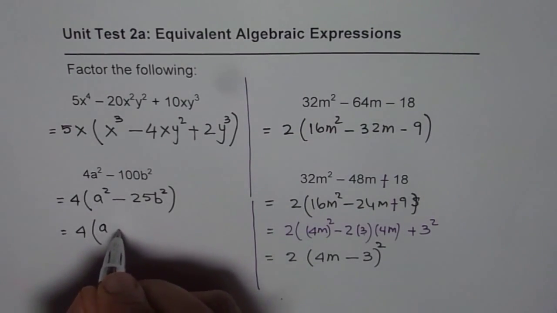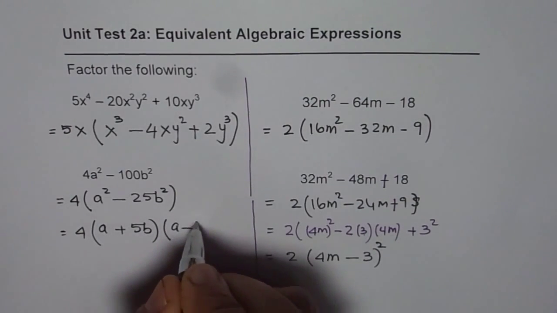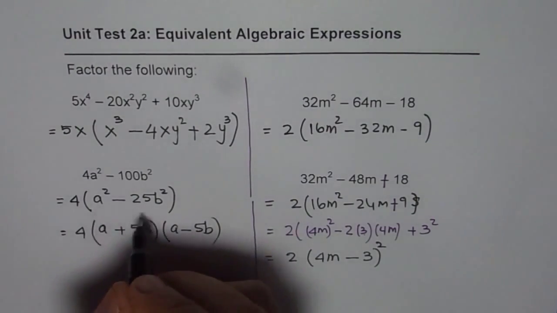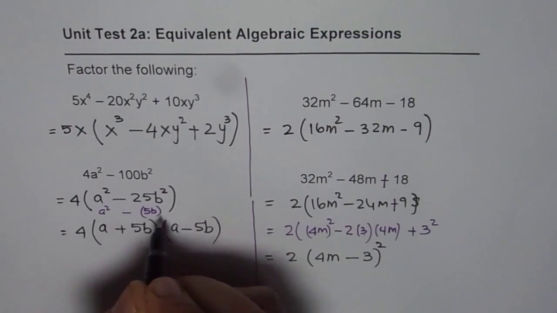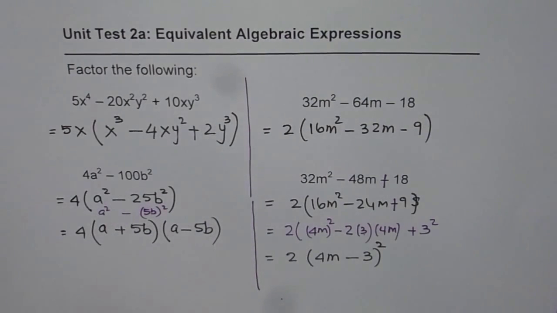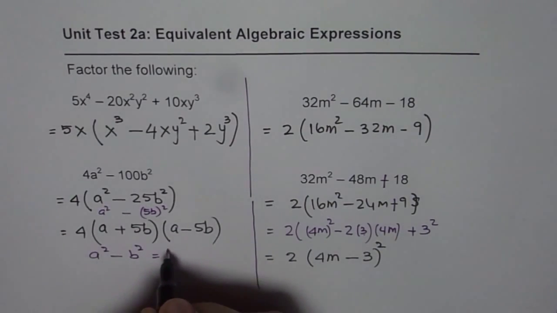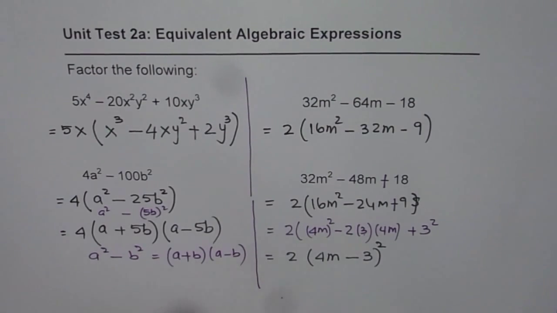Therefore I can write this as a plus 5b times a minus 5b. So that is how I can factor this, right? Remember, this is a square and here we have 5b whole square, right? So it is difference of squares. So whenever you have a square minus b square, it could be factored as a plus b times a minus b. So that is what we utilized here.